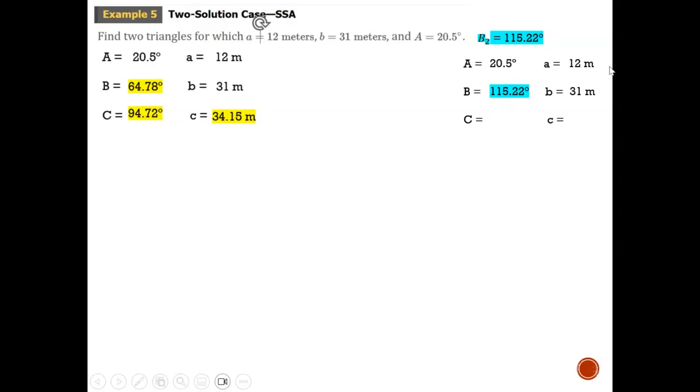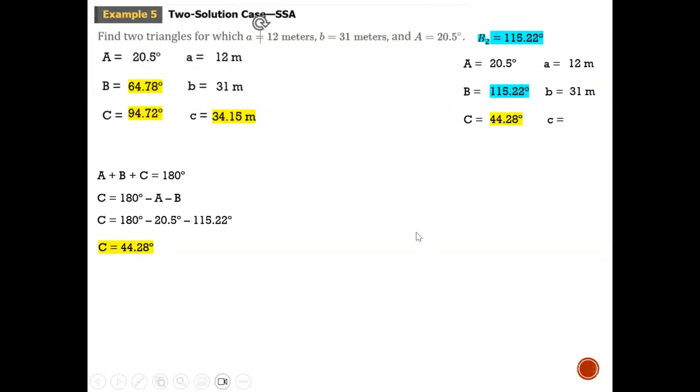A is 12 and B is 31. So now, to solve for angle C, angle C is equal to 180 minus angle A minus angle B. Let's plug in the values for angle A and B. So C equals 44.28. So that's my angle C.